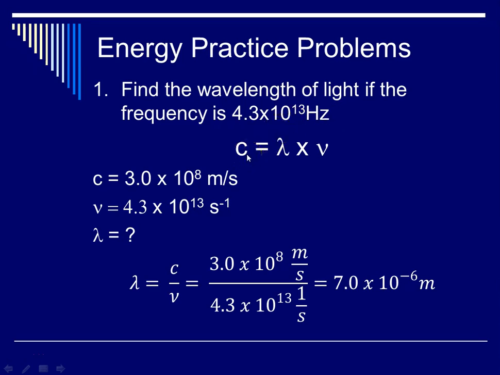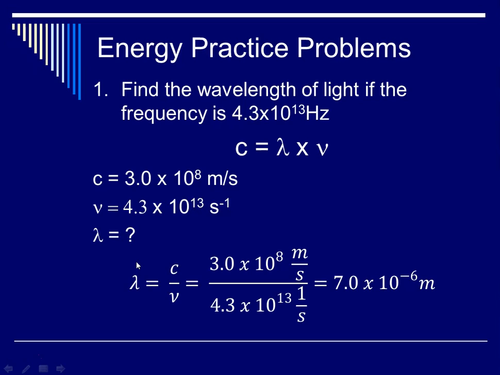So here we're going to use our c equals wavelength times frequency. We identify our variables. c is our constant, 3 times 10 to the 8th meters per second. Our frequency, which is given in this problem, is 4.3 times 10 to the 13th seconds to the minus 1. Wavelength is what we are solving for, so we've got our question mark, and then we go ahead, rearrange our equation as we did in the previous problem.